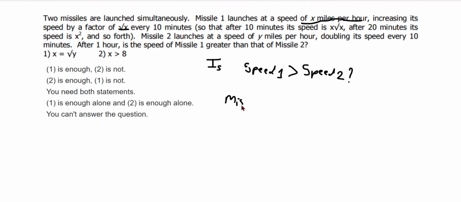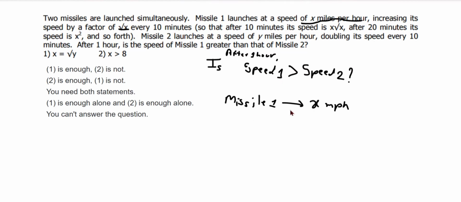It says that missile 1, its speed at the time of the launch is x miles per hour, increasing speed by a factor of root x every 10 minutes. And I should add this point as well, that is after 1 hour. It's a very important thing. After 1 hour, is the speed of missile 1 greater than the speed of missile 2?